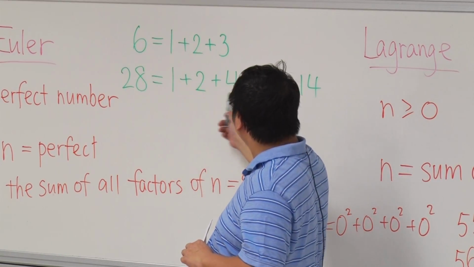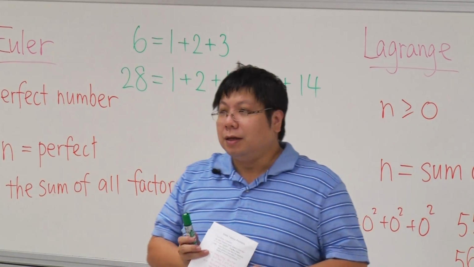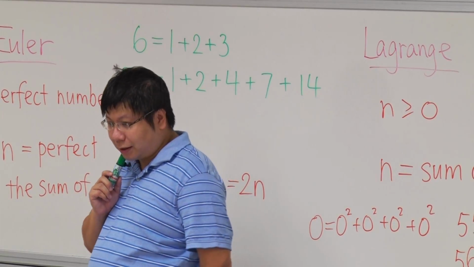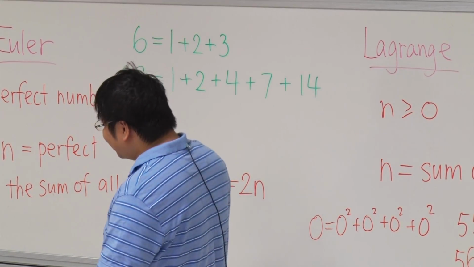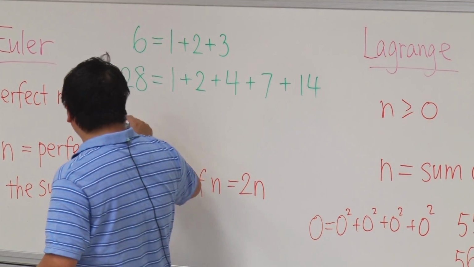So 1 and 2 add up to 3, then 10, then 14, and 14 plus 14 is equal to 28. So what else? Let's take a look at the next number. The next number is 496. Let's try.